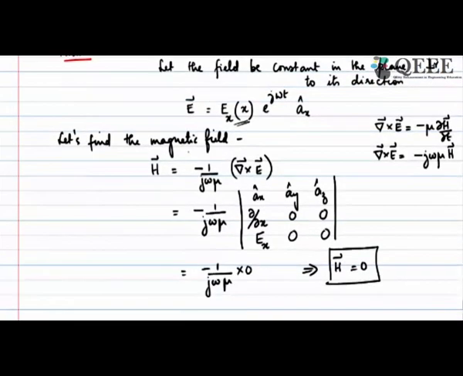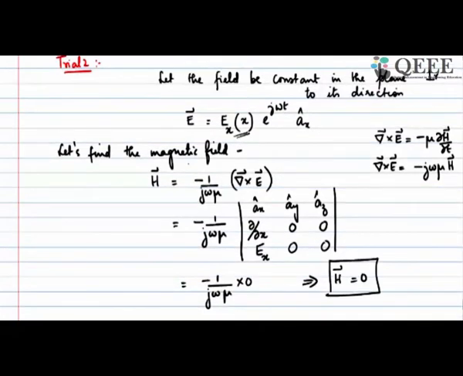What if the magnetic field is 0? Can the magnetic field be 0 if I have a time varying electric field? Actually not. I cannot have a magnetic field of 0, because a time varying electric field is always associated with a magnetic field, and a time varying magnetic field is always associated with an electric field. You will be violating Ampere's law and Faraday's law if you don't have this condition satisfied.